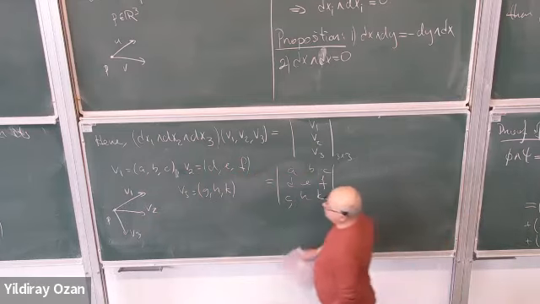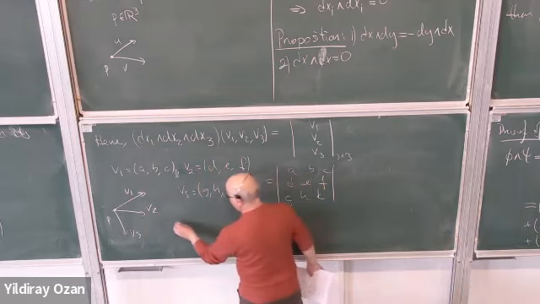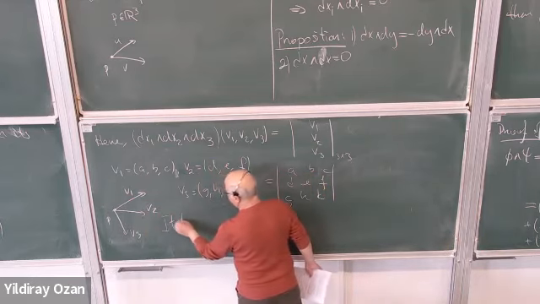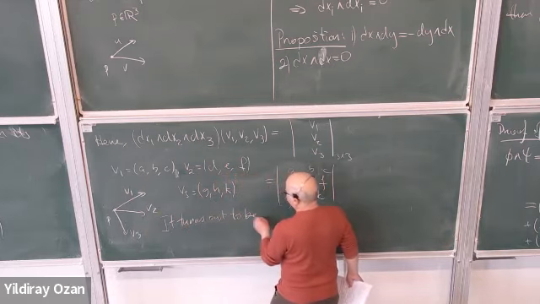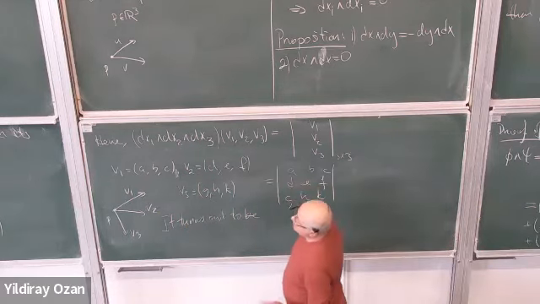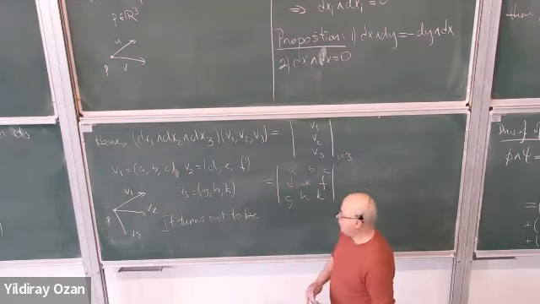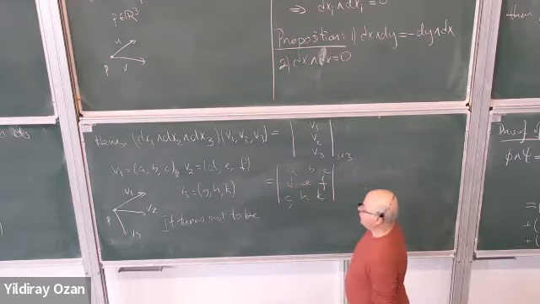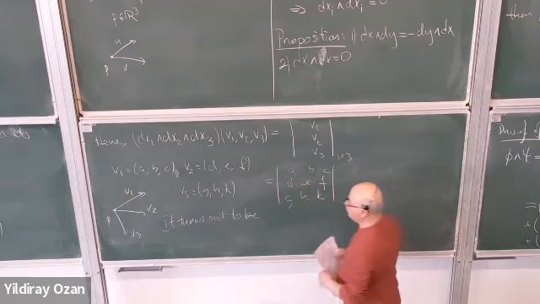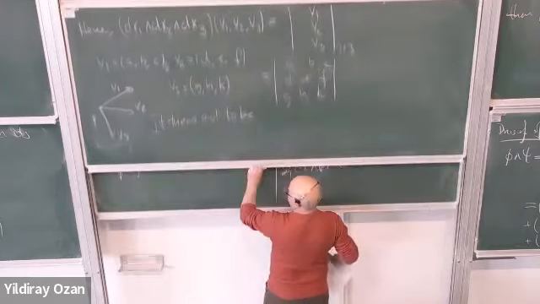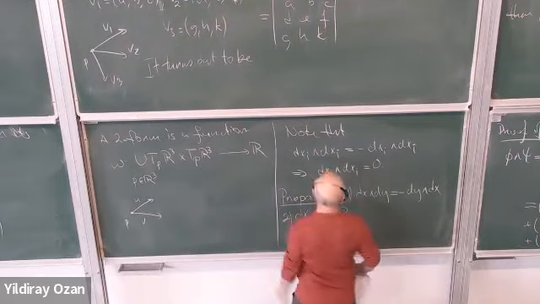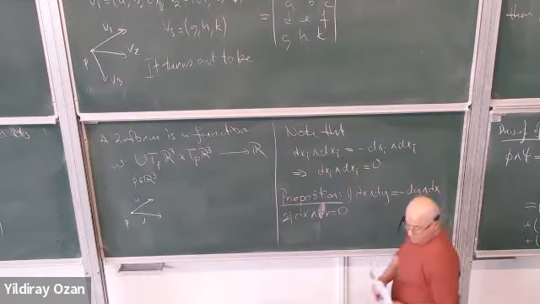And it will turn out to be the following. It turns out to be just as in the case of wedge product of 2 one forms.